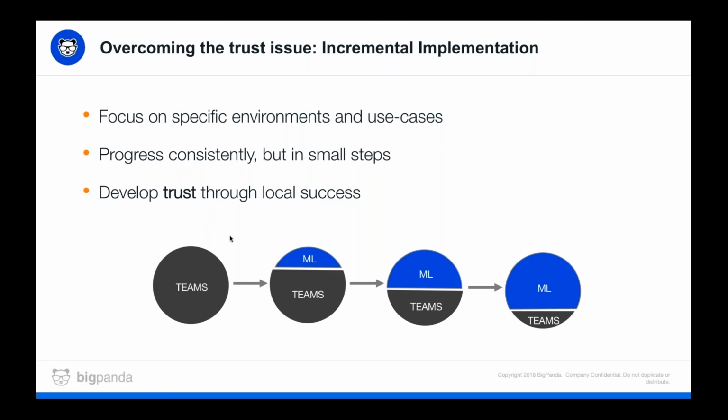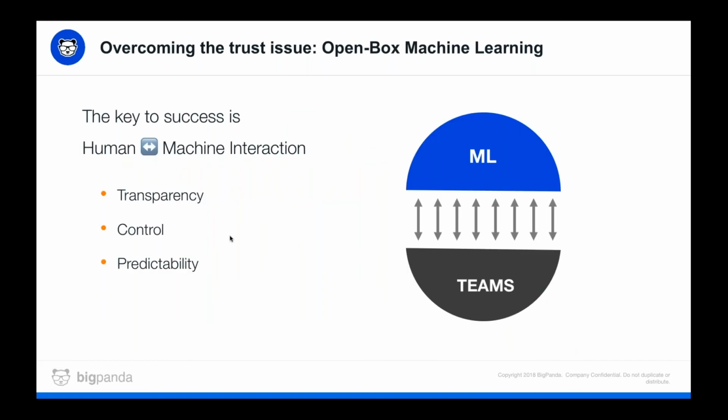So we think that our open box machine learning, in fact, if you look at the design philosophy, if you look at the features that let you preview, edit, test, and tune, that's the foundation that it's built on. And by giving you this open box machine learning driven model, we help you gain the transparency, the trust and control, and the predictability that we think NOCs need to be successful with these tools.